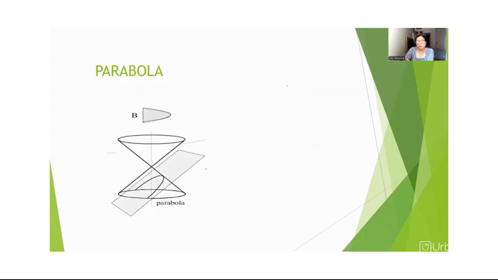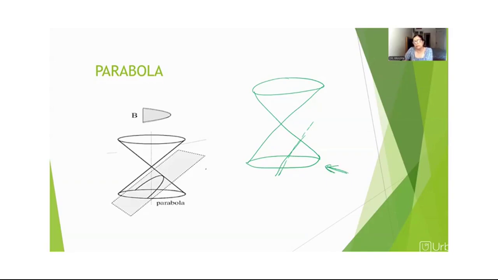This is a double cone, right? In case of parabola, you just give it a, assume that this is the cut, right? This is the cut. Now assume this is a solid cone. In that case, what is the shape if you look from here, this point, right?